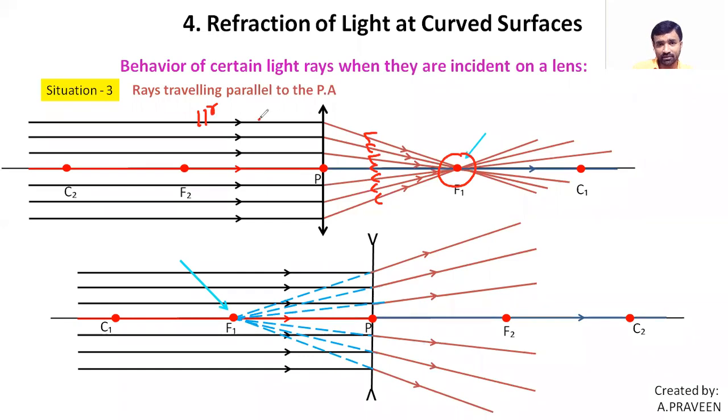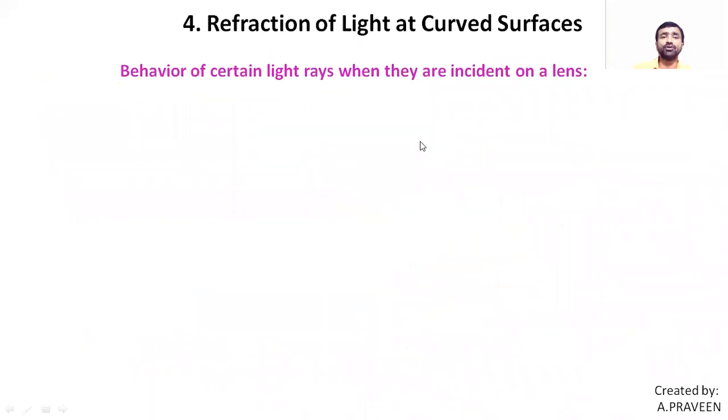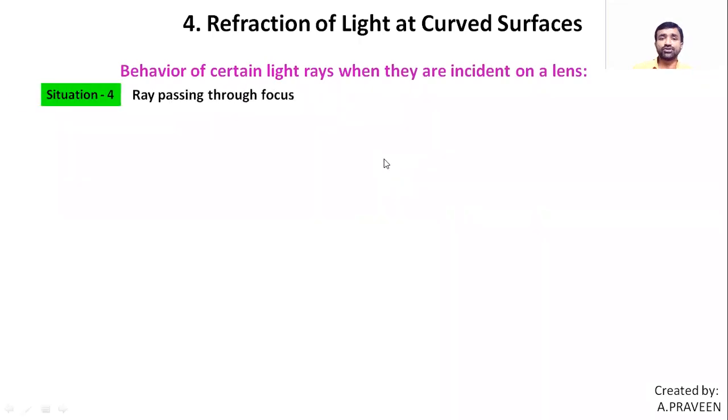They become parallel after refraction. So situation number 4 is simply that light rays are passing through the focus: in the case of a convex lens, passing through the focus; in the case of a concave lens, appearing to meet at the focus.